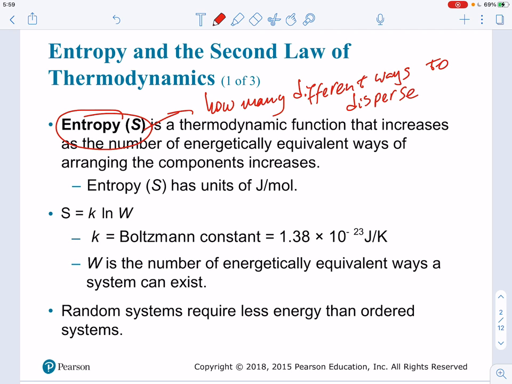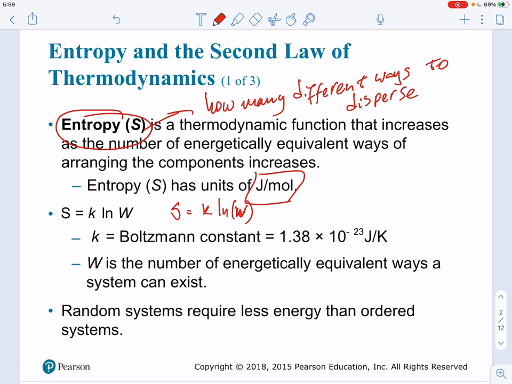Okay, so usually the entropy will have units of joule per mole, so pretty much the same as the enthalpy. And we have an equation here. Let me rewrite that equation. So the entropy is equal to a constant K times the natural logarithm of W. Let's say this is capital W to make that distinction from the work function that you may have remembered from thermochemistry.